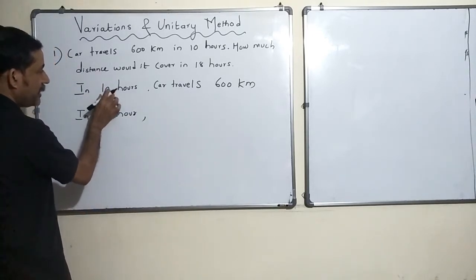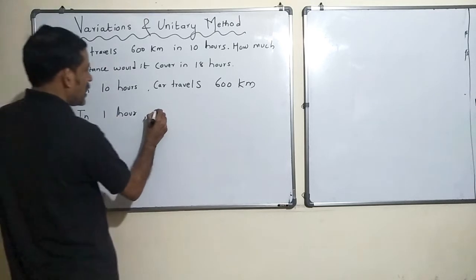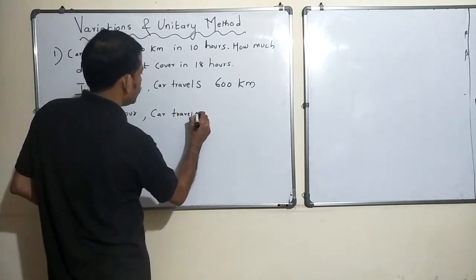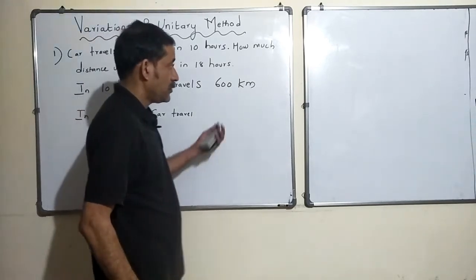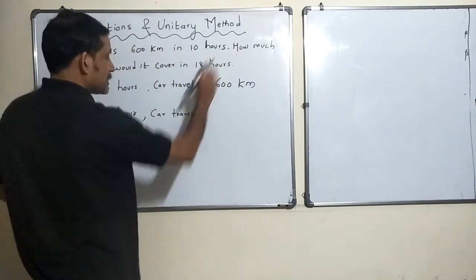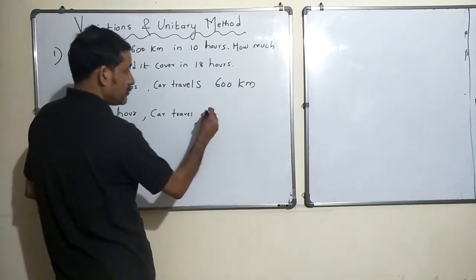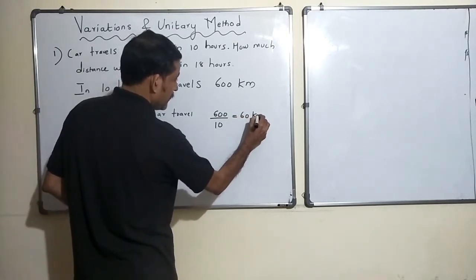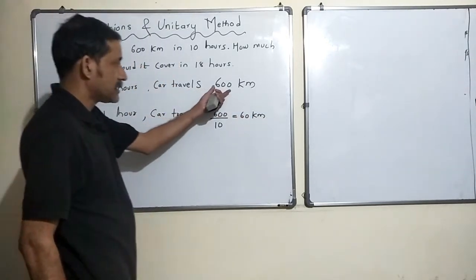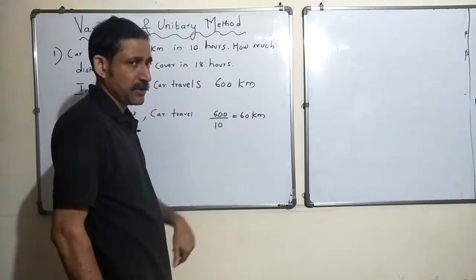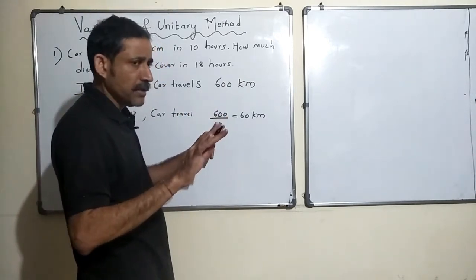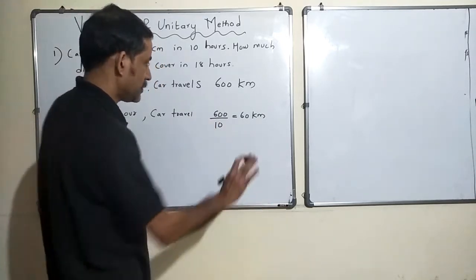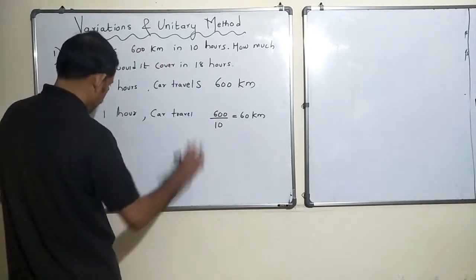So actually I am dividing this left hand side by 10. Do you expect this to go more than 600? It would not. It would be 600 by 10 is equal to 60 kilometers, right? In 10 hours, if I cover 600 kilometers, in 1 hour it will be 60 kilometers. Plain and simple. You would have experienced this, right? So this is very basic common sense.